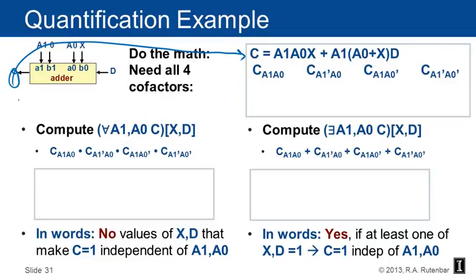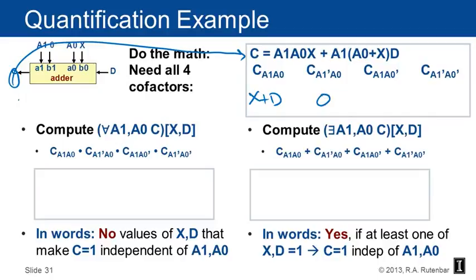So if I set A1 and A0 to 1 and then evaluate the Shannon cofactor, I'm going to get an X, because the A0 and the A1 go away, and then I'm going to get a D. So if A1 and A0 are 1 and I evaluate C, that's what I get.